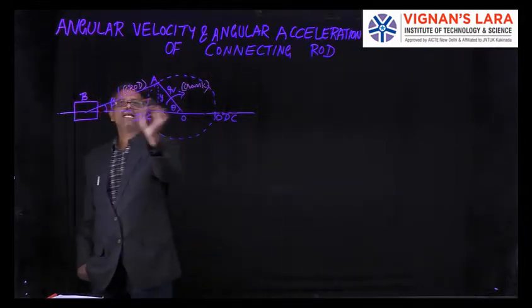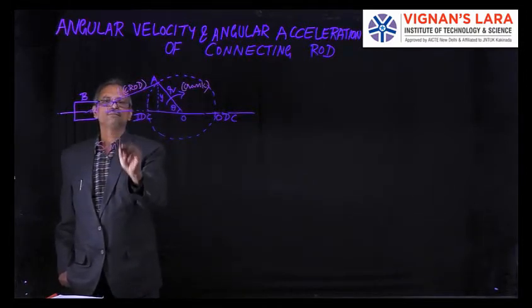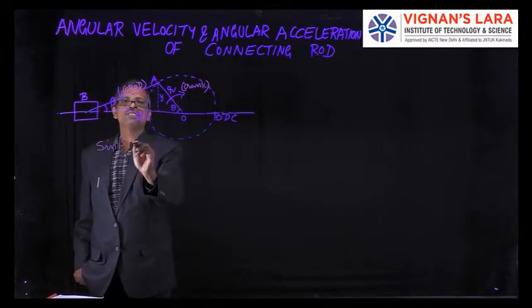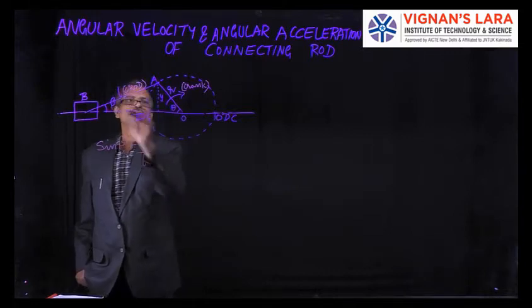So if you write sine beta, which gives you opposite side by hypotenuse, that is Y by L from here.